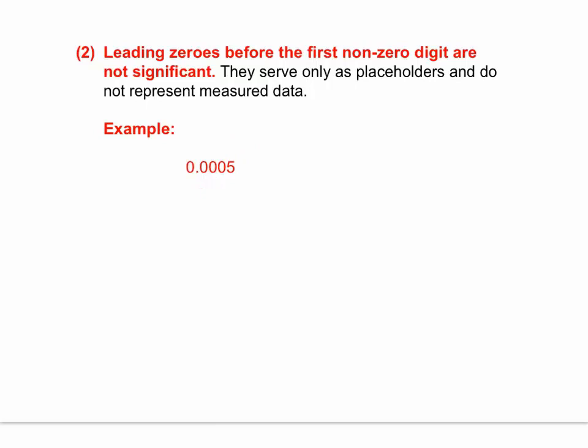They're simply there to show us that this is not 5, this is not 5 tenths, 5 hundredths, 5 thousandths, this is 5 10,000ths. It's there to express magnitude. In this case, only the 5 was a measured digit, so therefore there is 1 significant figure. Please make sure that you have the rule and example recorded in your notes.